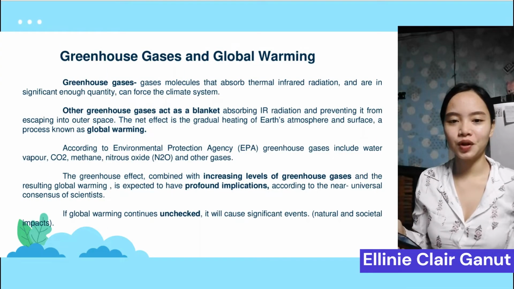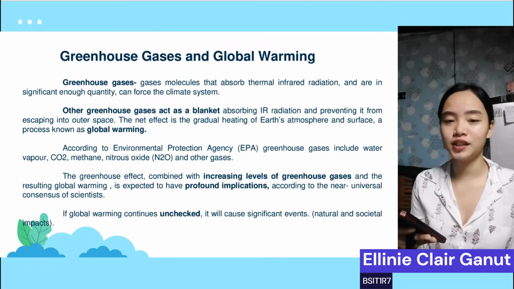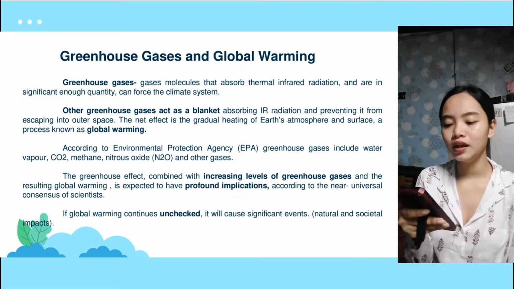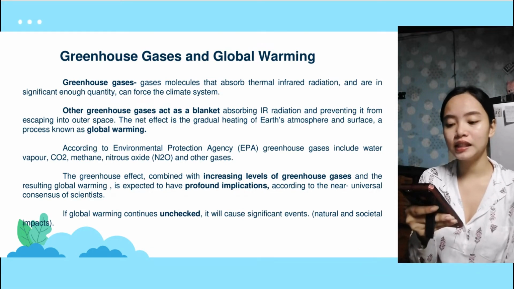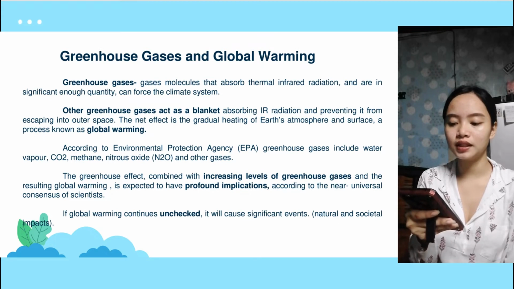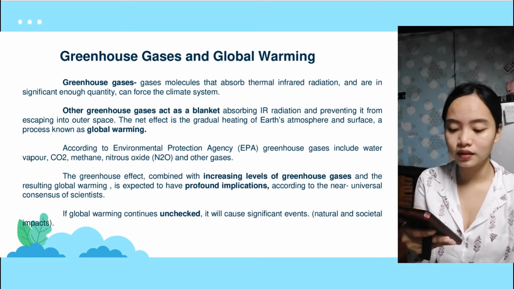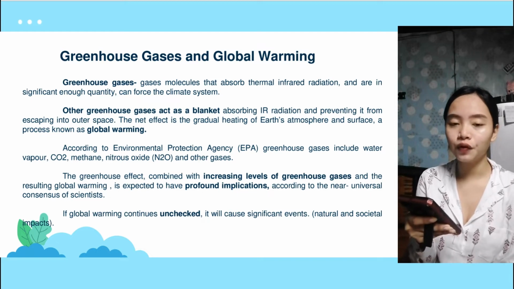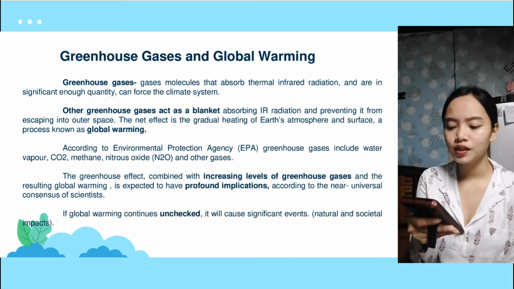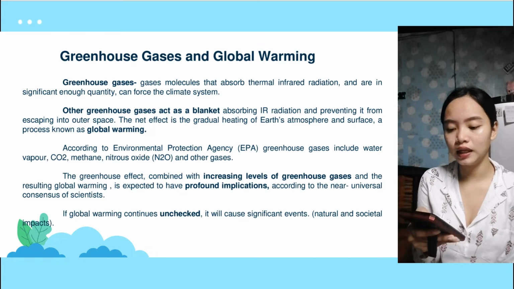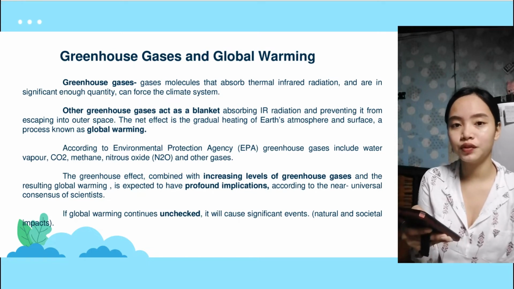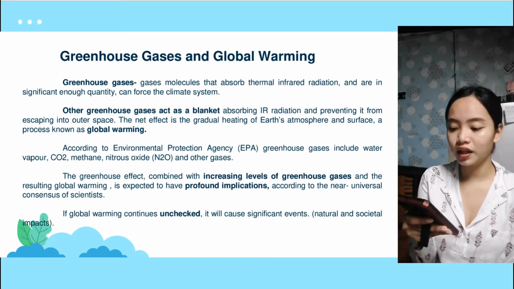Hi, I'm Claire and I'm going to tackle greenhouse gases and global warming. Greenhouse gases are molecules that absorb thermal infrared radiation and, in significant enough quantity, can force the climate system. So this is a molecule that absorbs thermal infrared or IR radiation.